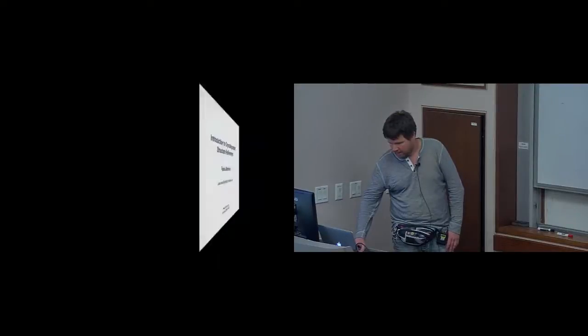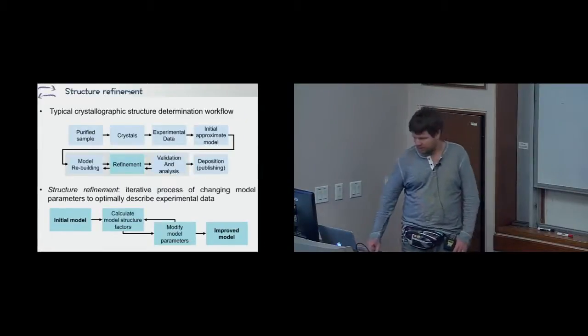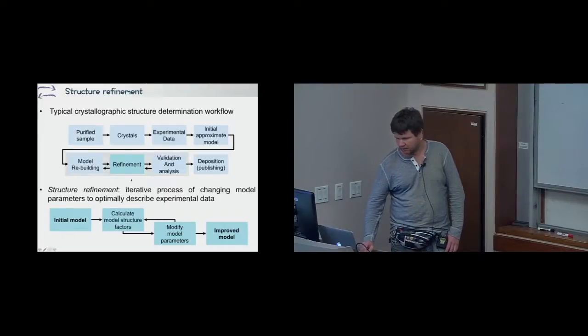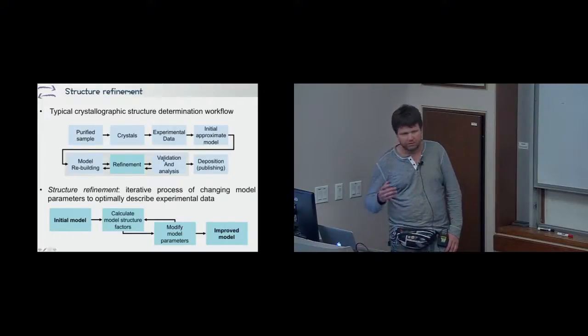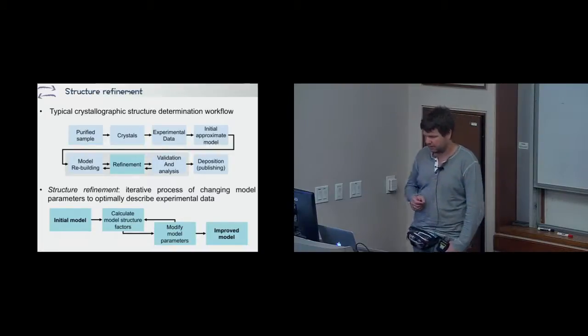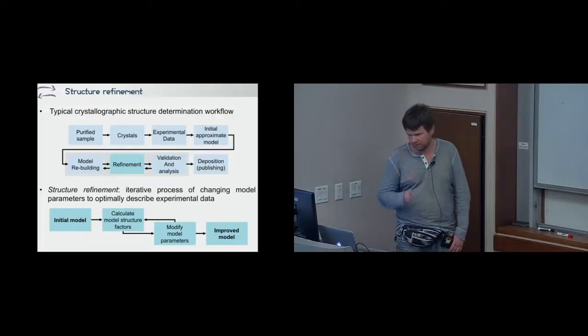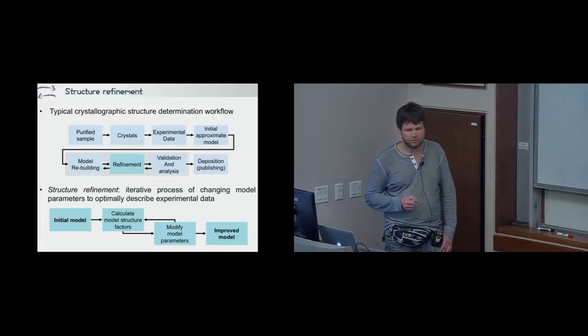So, structure refinement. This is a very sketchy outline of the typical crystallographic structure determination pipeline. You get a purified sample, you get crystals, you get experimental data, you solve the phase problem and get your model.